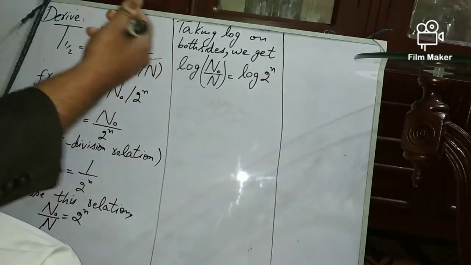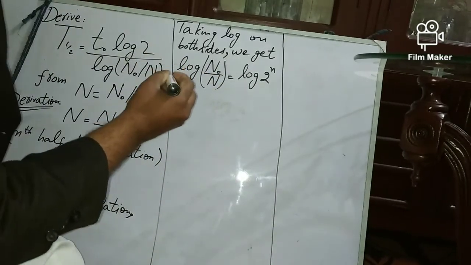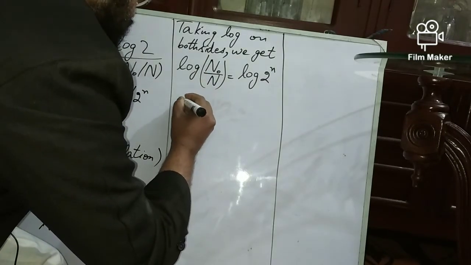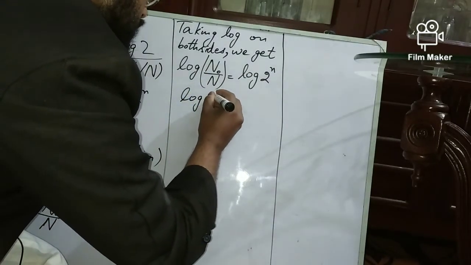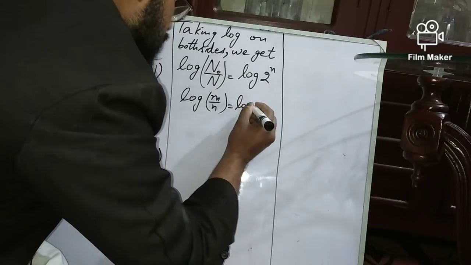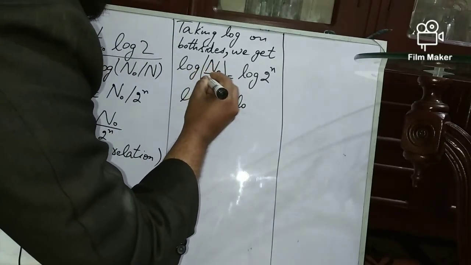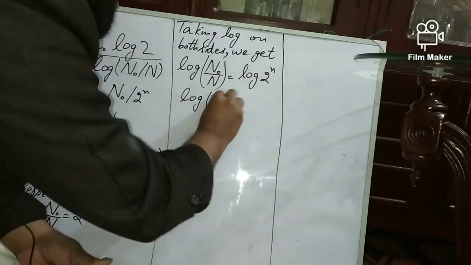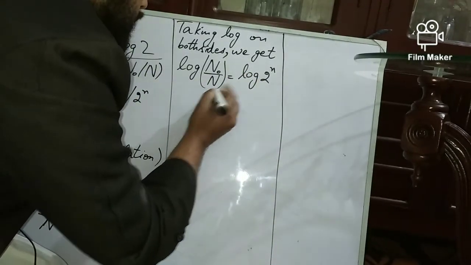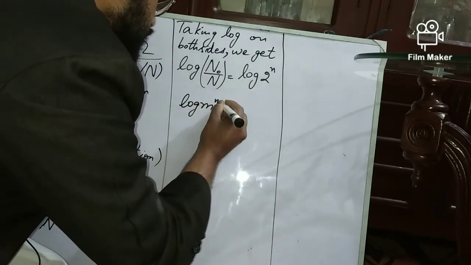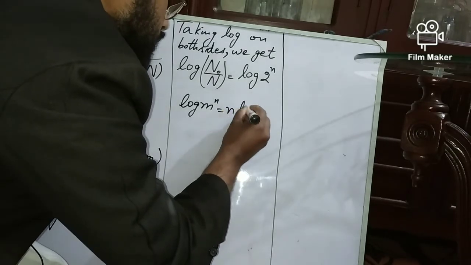Here we apply log laws. Only one law is applied, that is the power law: log m raised to the power n is equal to n log m.